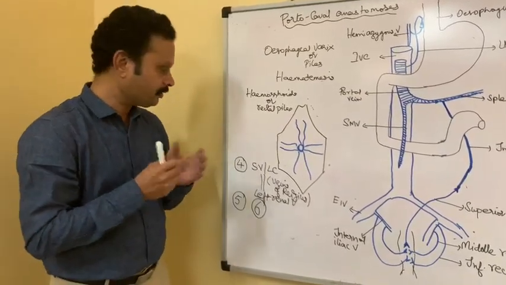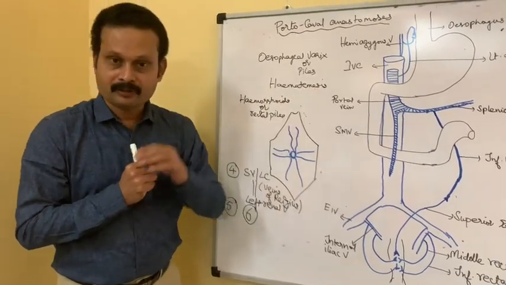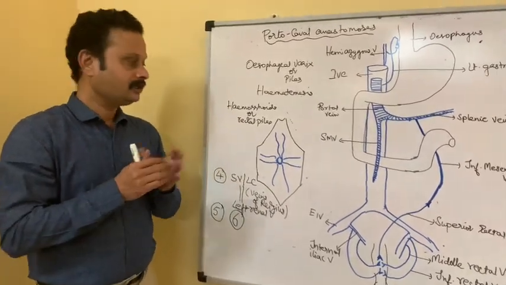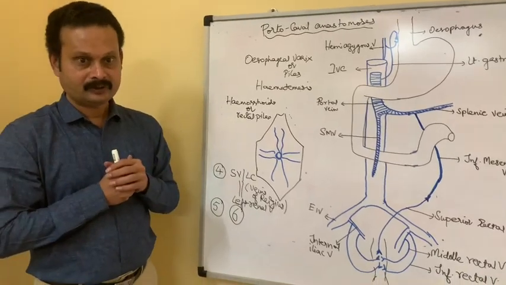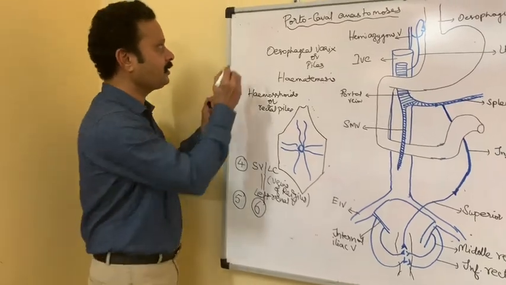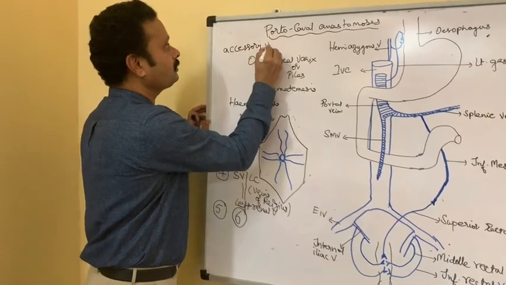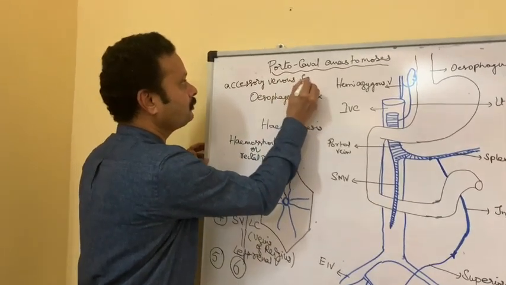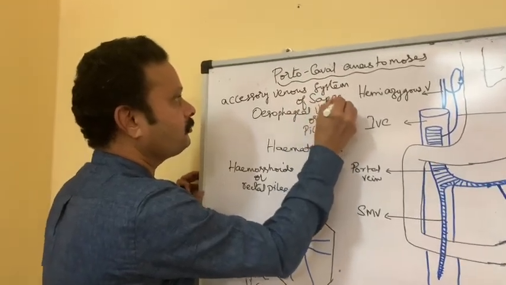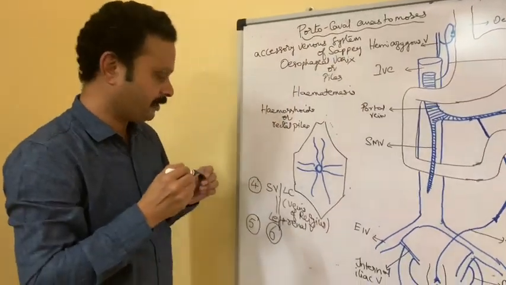At the falciform ligament, the para-umbilical veins belonging to the portal system anastomose with the diaphragmatic veins belonging to the caval system by anastomotic veins, and this anastomotic pattern is called the accessory venous system of Sappey. That anastomotic pattern overall is referred to as the venous system of Sappey.